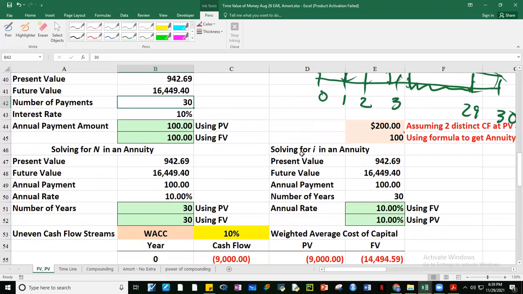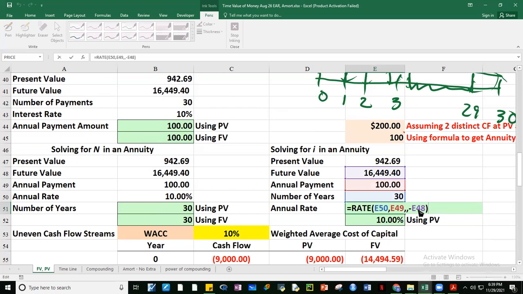Okay, how about this? Solving for the rate of return. And we are expecting a 10%, no? Kasi same values eh. Present value 942, future value 16449, annuity 100. Number of years 30. What was the interest rate of return? Same. Is equal to RATE, and then we can't put here a negative because this is rate. Okay, so first is NPER, 30.